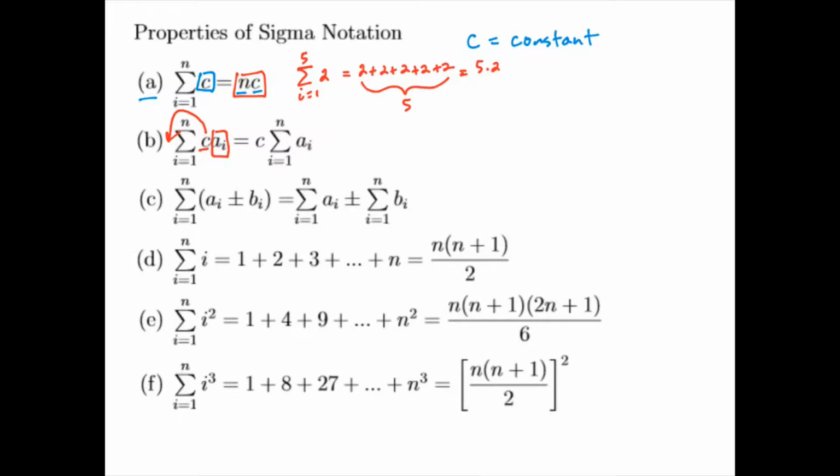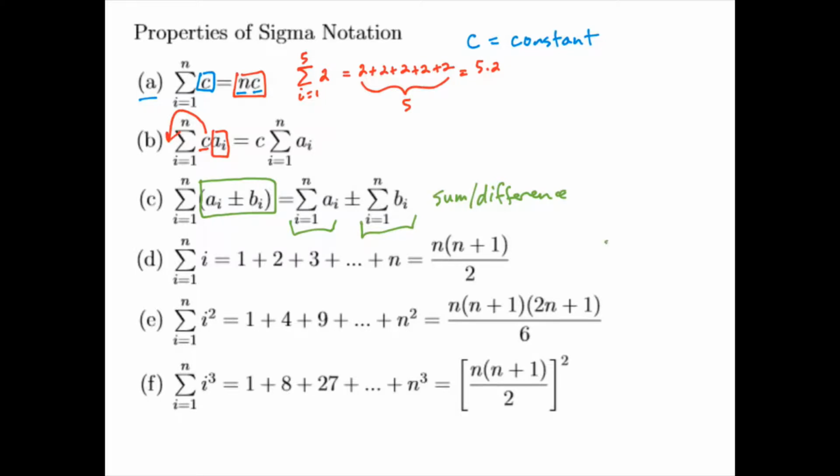Property C is just a sum and difference property for sigma notation. So if we are summing two terms that are either getting added or subtracted, we can separate those as two separate expressions in sigma notation.